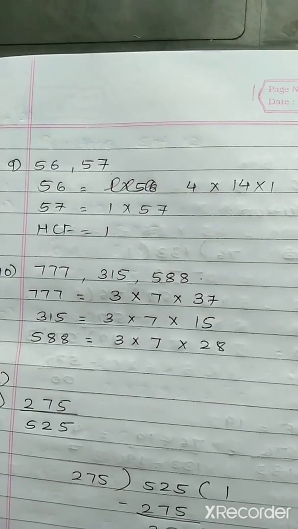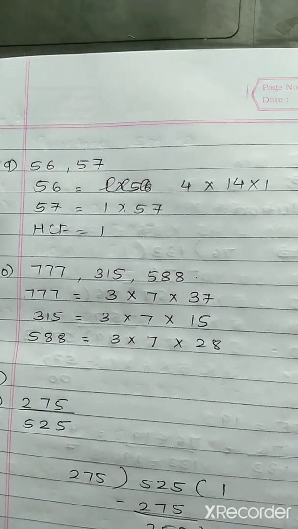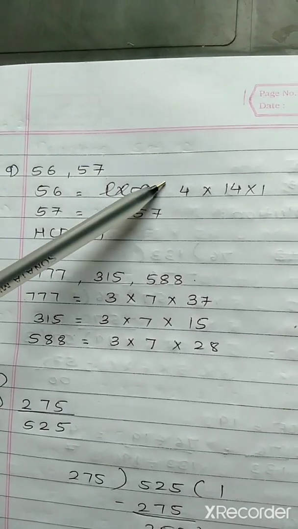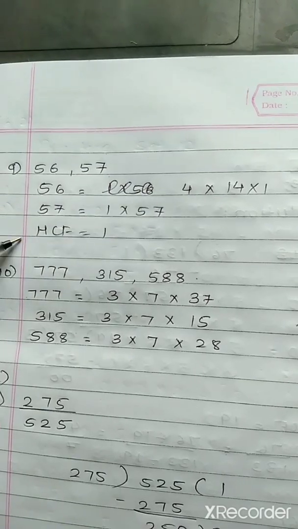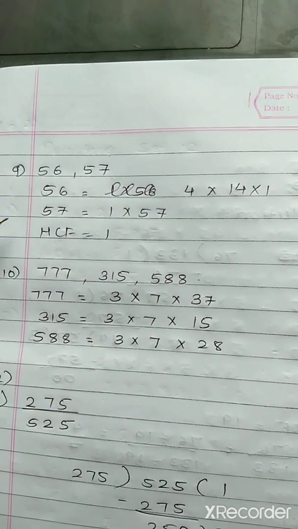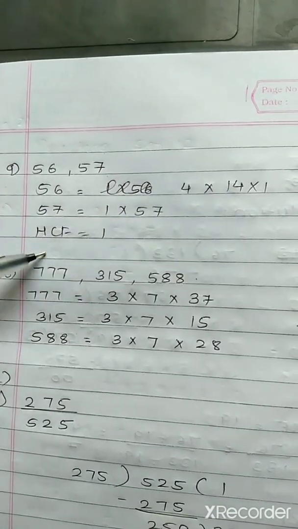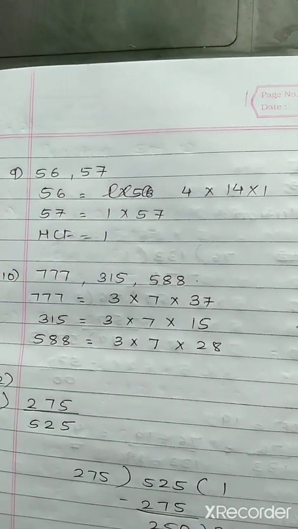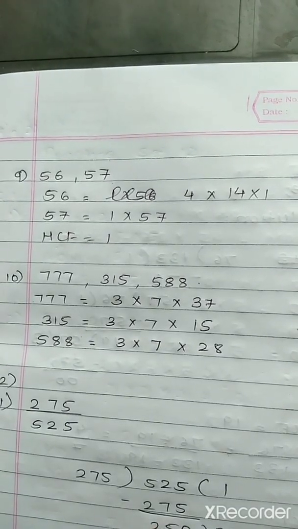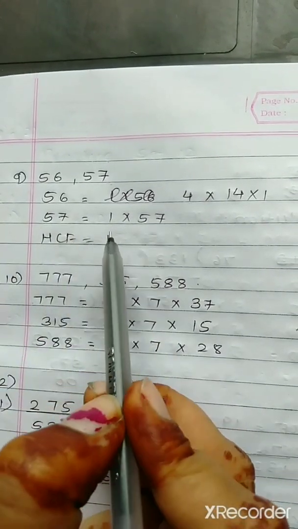Moving ahead to question number 9. Question number 9 is 56 and 57. So for 56 it is 14 4s are 56. 57 is a prime number, so there is no multiple of 57. As we have seen in the earlier sum, question number 4, there were no common terms, so we used a multiple of 1.